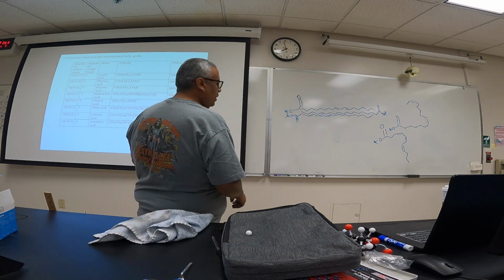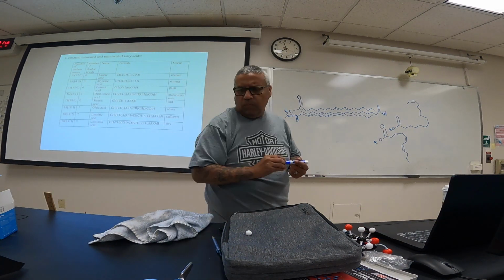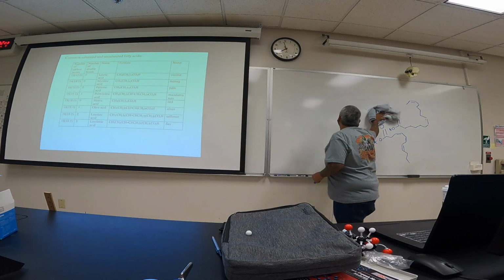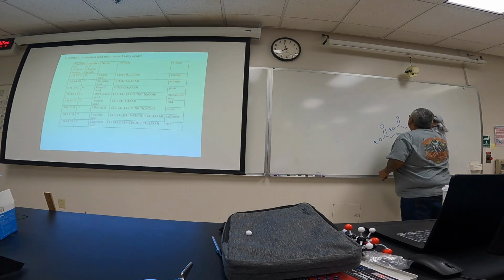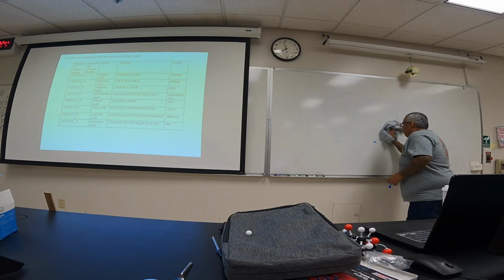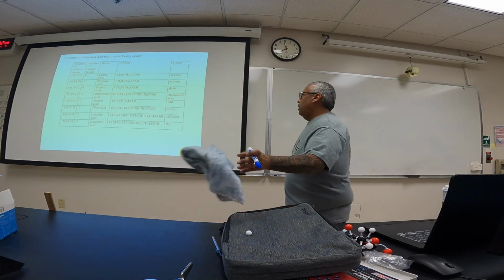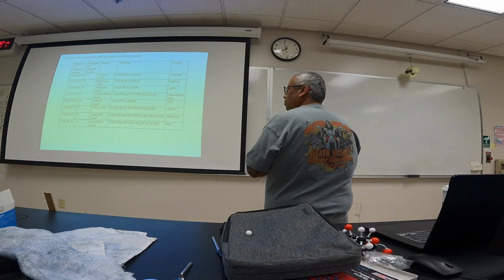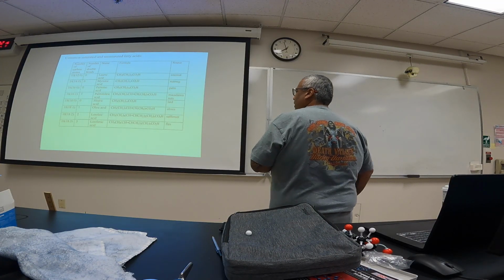Let's take a look at one of these fatty acids. I'm going to pick one that has a double bond. Let's take a look at lard. Nope, we need a double bond: oleic acid.